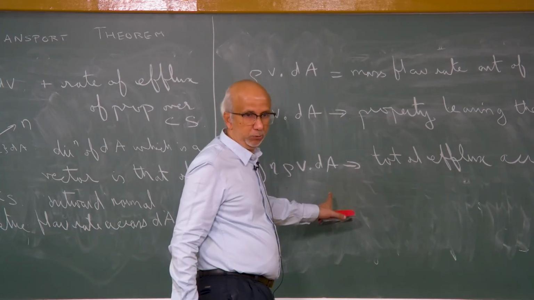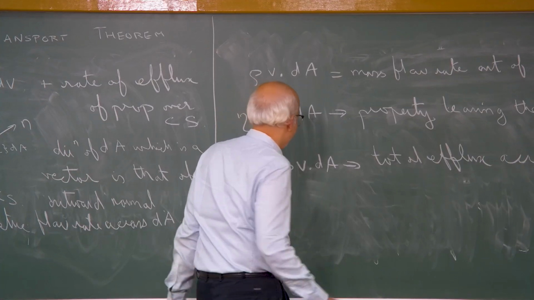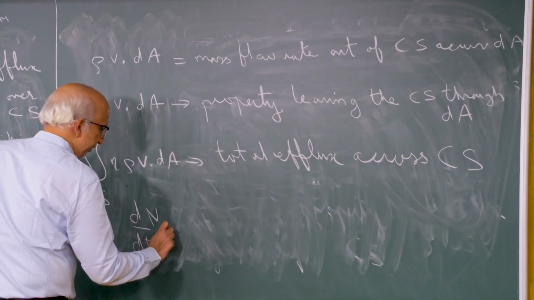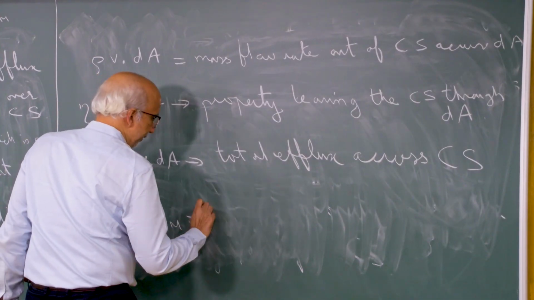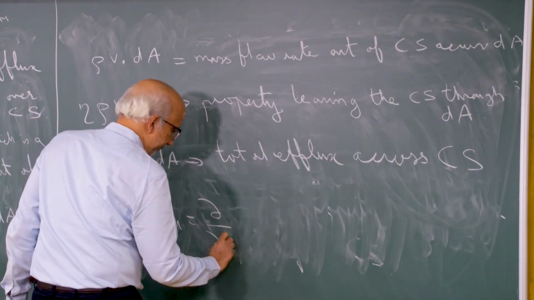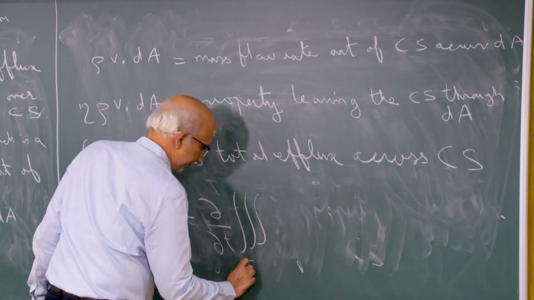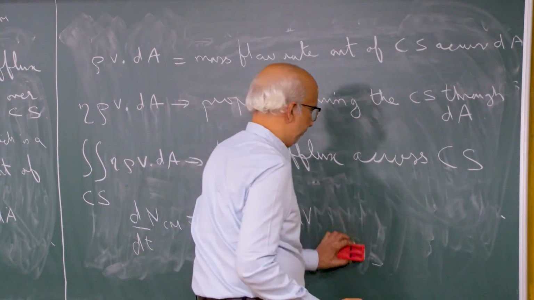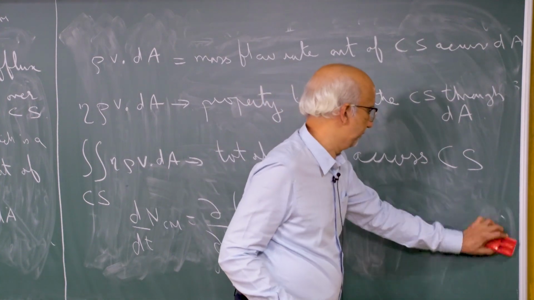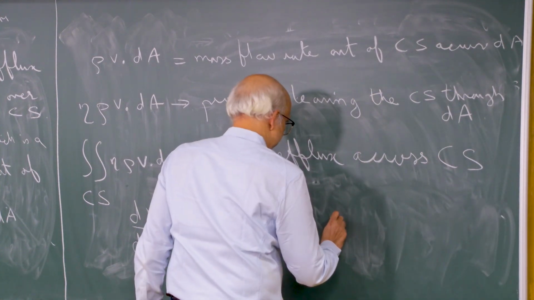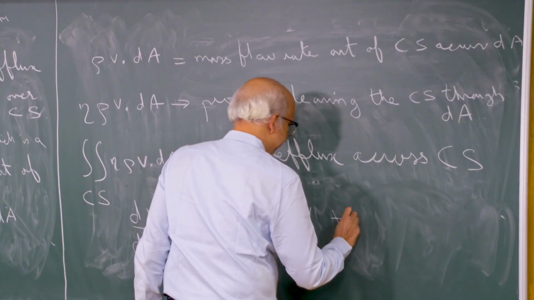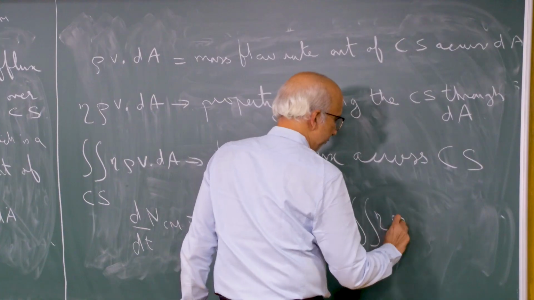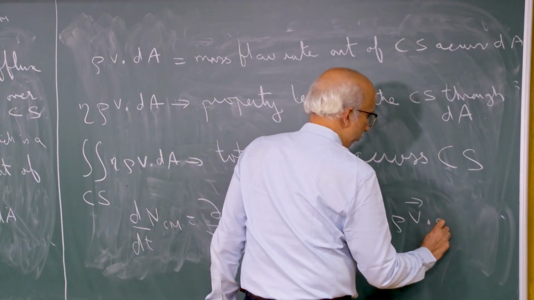So, all I have to do is substitute this mathematical expression there, and I get d/dt of N_CM equals, I am going to do a small trick here, the integral of eta rho dV plus the integral over the control surface of eta rho V dot dA.